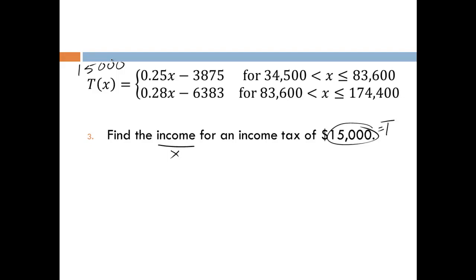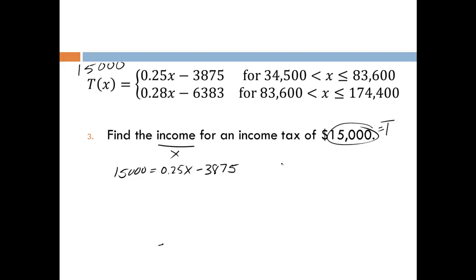In order to do this, we need to take that 15,000 and create an equation with each piece of the function. So our first equation will be 15,000 equals 0.25x minus 3,875. That's the first equation from the first piece.